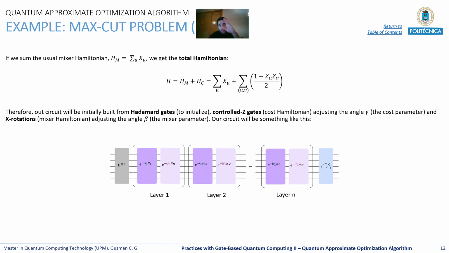You have there an example of how a QAOA is implemented without knowing what form the cost Hamiltonian and the mixer Hamiltonian will take. So this serves for other forms of Hamiltonians. But first, you initialize the system with all those Hadamard gates applied to every state that we have, and afterwards you start layerizing the process.